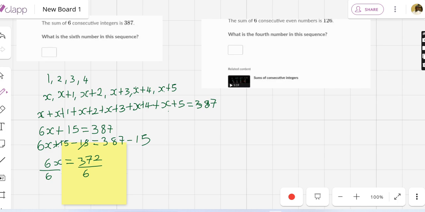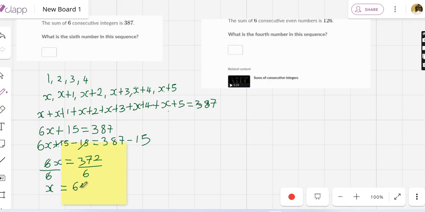So 372 divided by 6 is 62. So x is equal to 62.